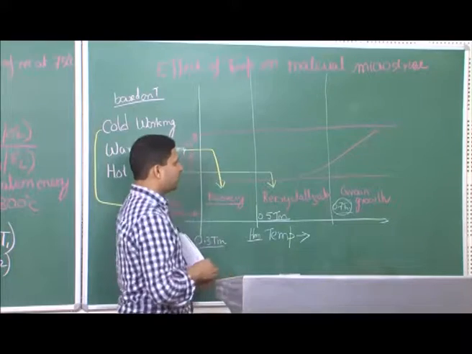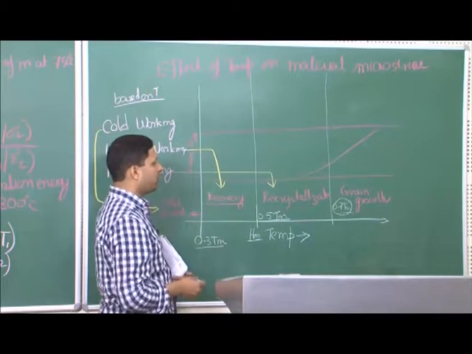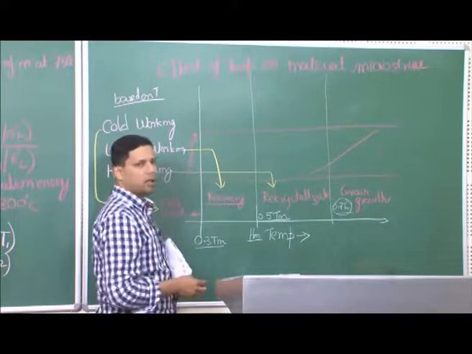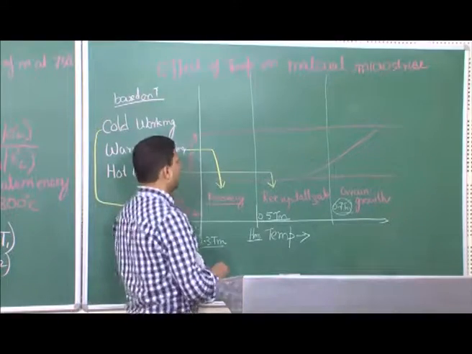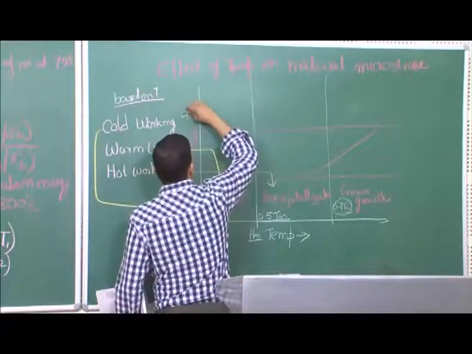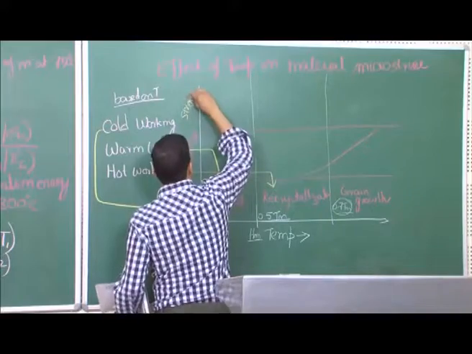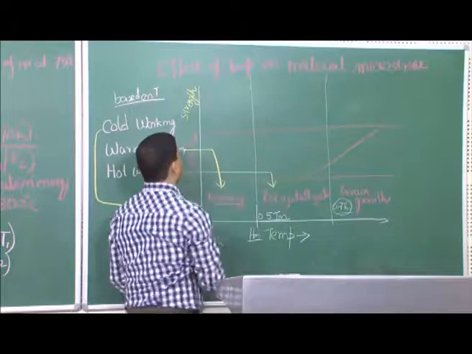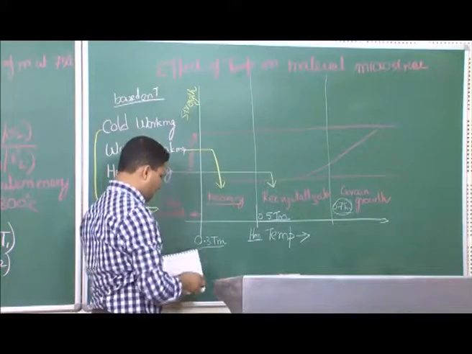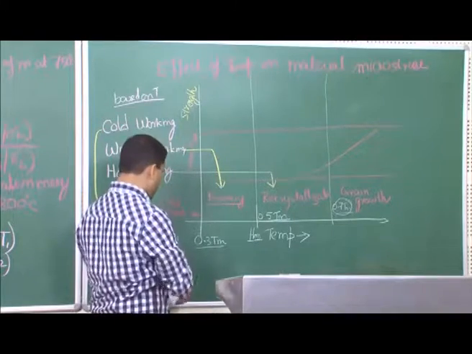Now, grain size, like I said, is one of the very important parameters that describes the strength of the material, and therefore, now let us look at the variation in the strength value.